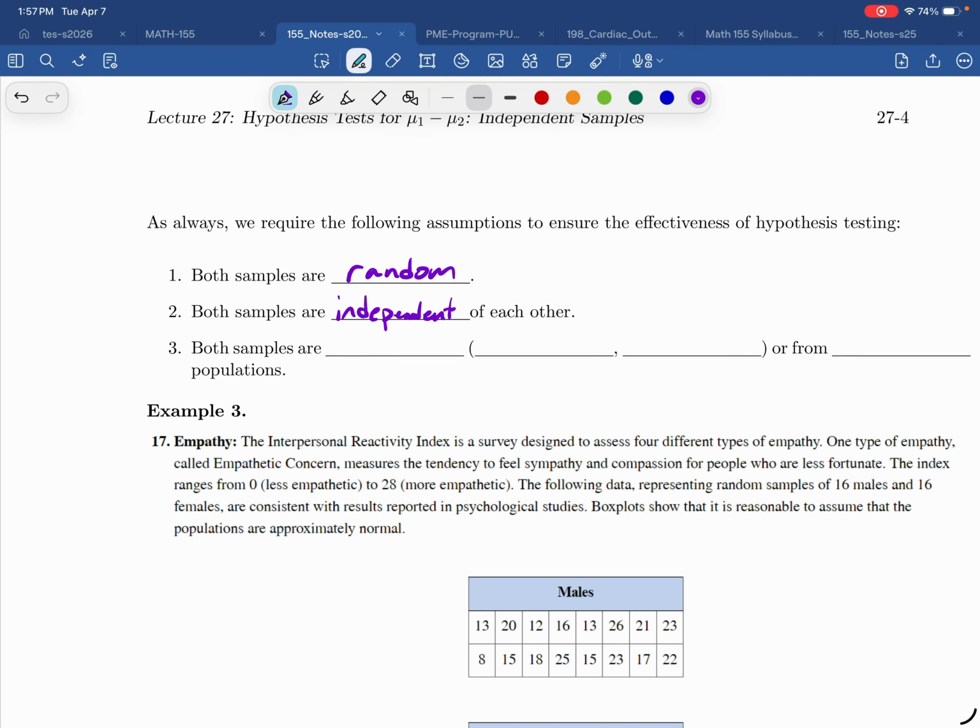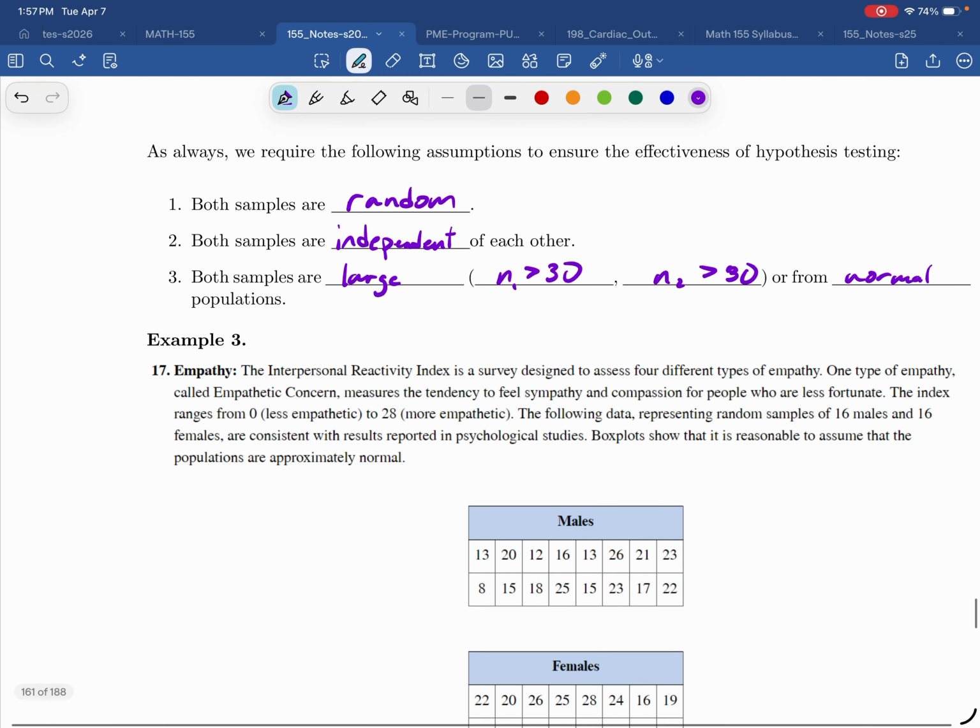In the case of the exam, we had one set of 35 take the paper exams, another set of 35 take the online exams. They had nothing to do with each other. They were different people. And we need to know that they're both large or from normal populations. The same as we did for confidence intervals.